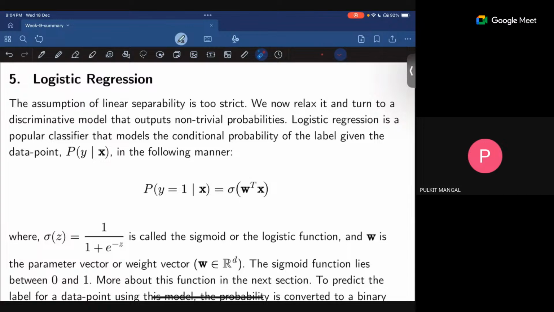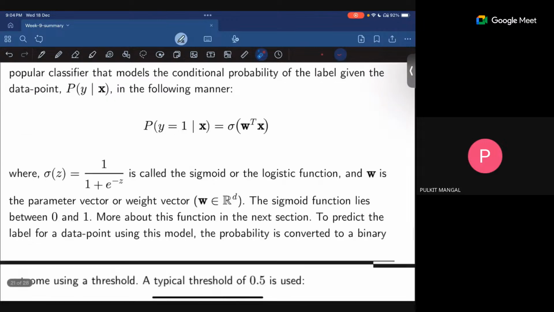X. In the perceptron, we are directly taking: if W transpose X is greater than 0, then it will classify it as 1, else it will classify it as -1. And in logistic, we are going with the probability, a little bit soft measurement. That is, the probability of y equal to 1 given X is the sigmoid function value of W transpose X. And the sigmoid function is 1 upon 1 plus e power minus z.